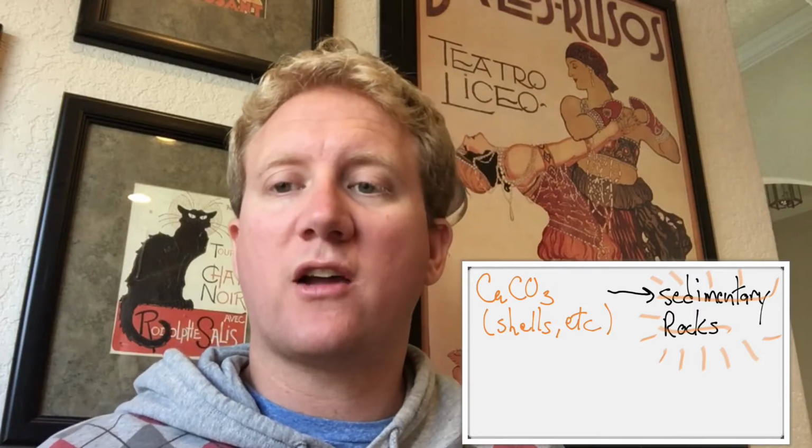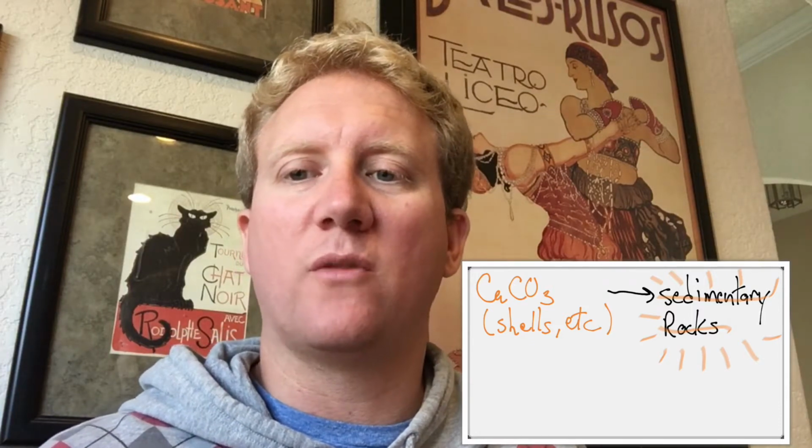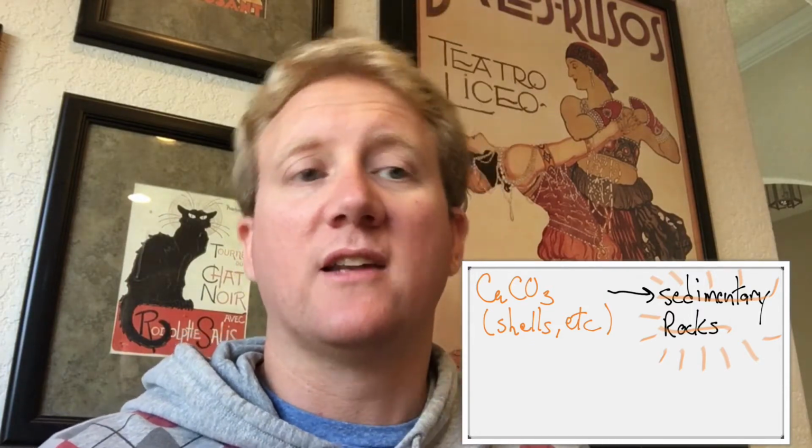And this rock stores massive amounts of carbon for millions of years until it's either melted down into magma, in which case it can be released during the rock cycle, which we talked about 2 sections ago, or it can be turned into fossil fuels, coal, oil, and natural gas, in which case it just sits there and it's either released by the carbon cycle or it's released by humans.